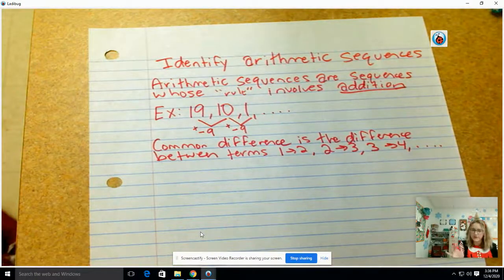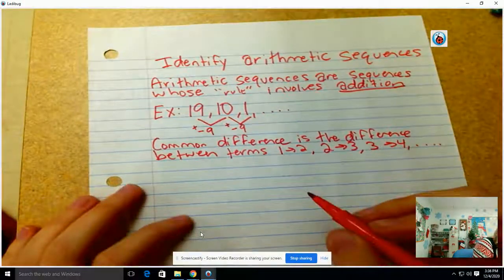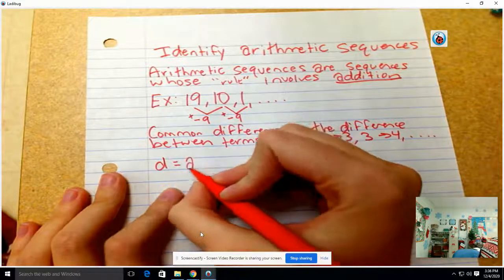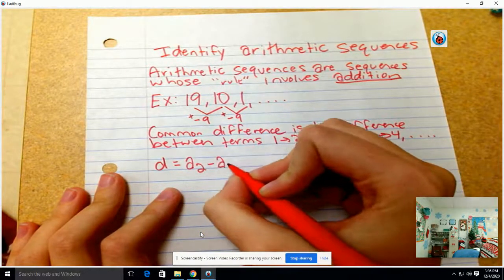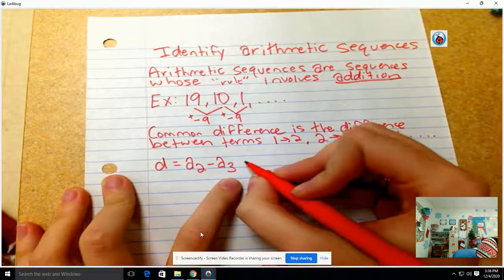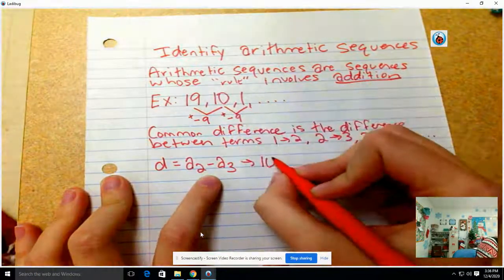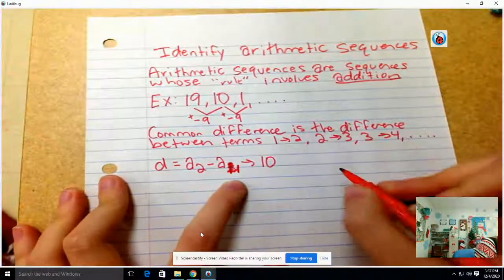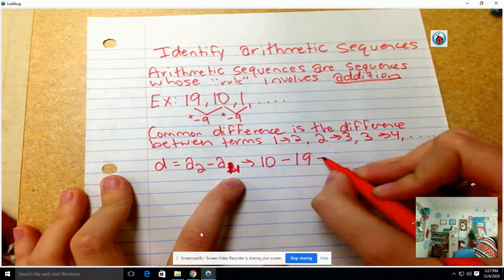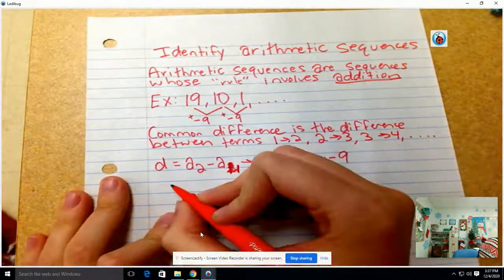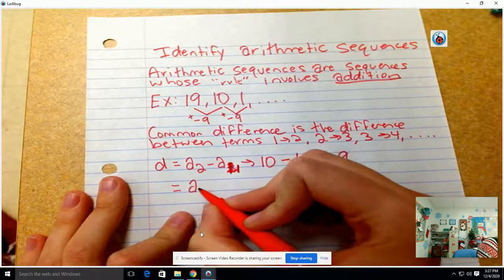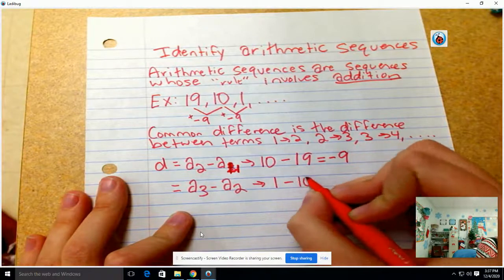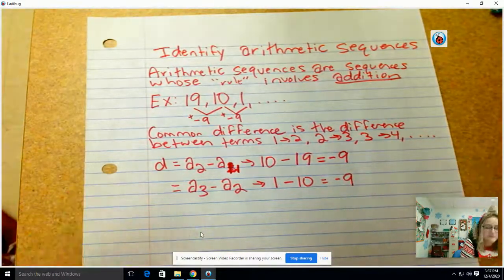Or if that's kind of hard for you to think about, another way that you can find the common difference is d, which stands for common difference, is equal to a2 minus a1. My second term is 10. I'm sorry, this should be a1. My apologies. 10 minus 19 is going to give me that negative 9. Or you can think about it as a3 minus a2, which is 1 minus 10, which also equals negative 9.